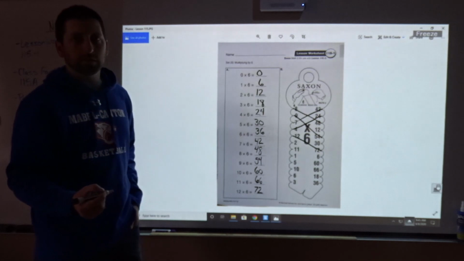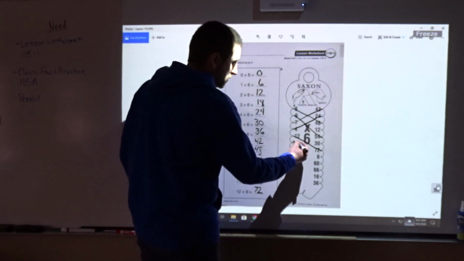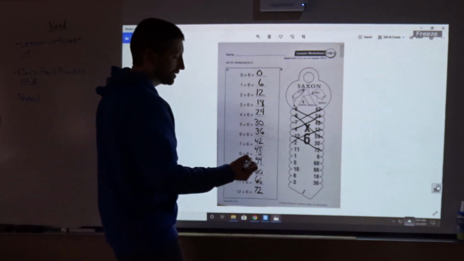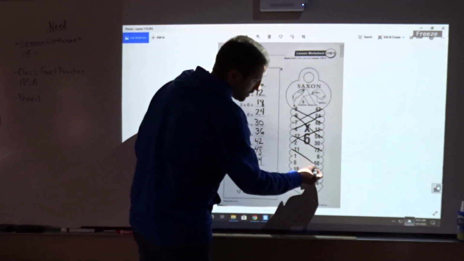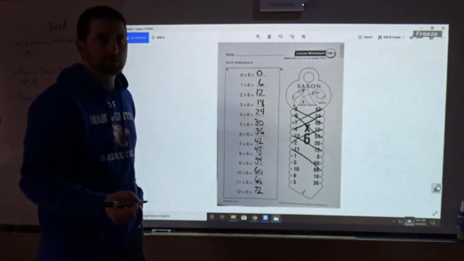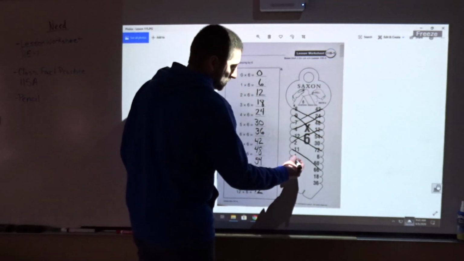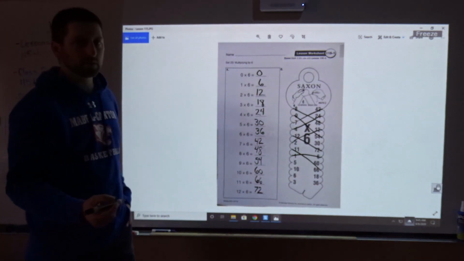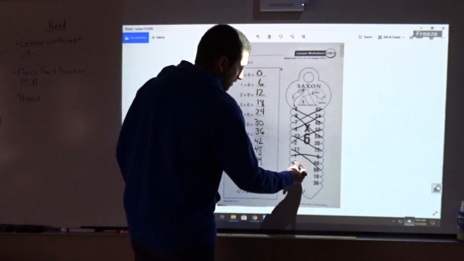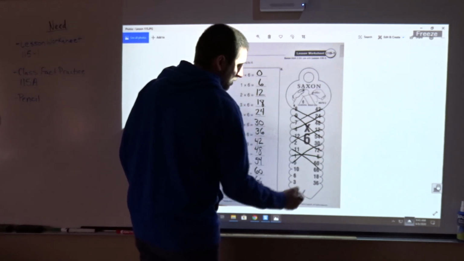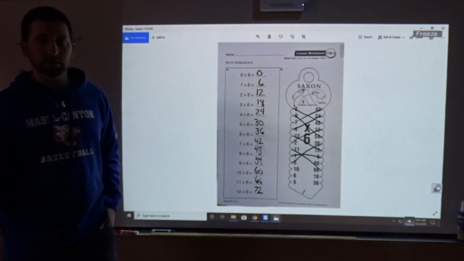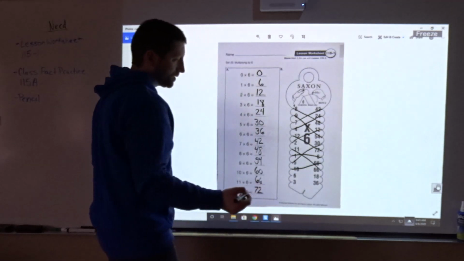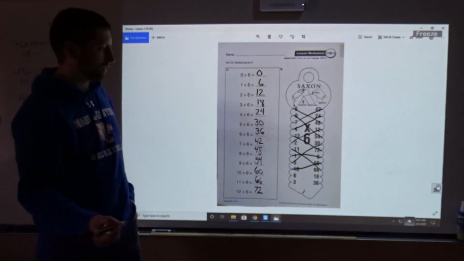2 times 6 is 12. 11 times 6 is 66. 1 times 6 is 6. 5 times 6 is 30. 10 times 6 is 60. 6 times 6 is 36.